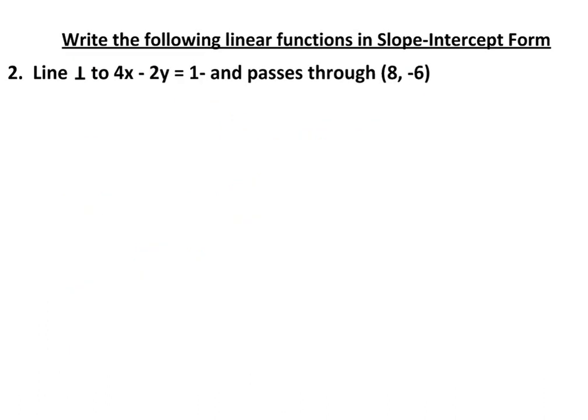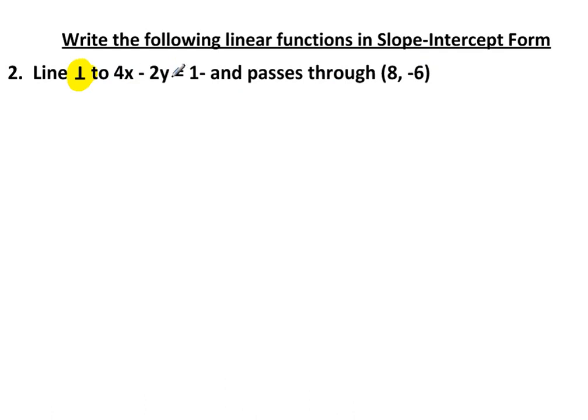Our next example says, write the linear equation again in slope-intercept form of the line perpendicular. So again, if we remember, perpendicular lines have opposite reciprocal slopes. So it's going to be perpendicular to 4x minus 2y equals 1, and passes through the point 8, negative 6. Well, this is in standard form.